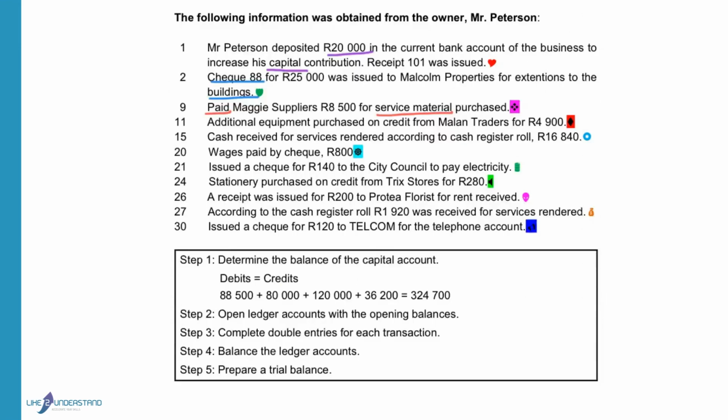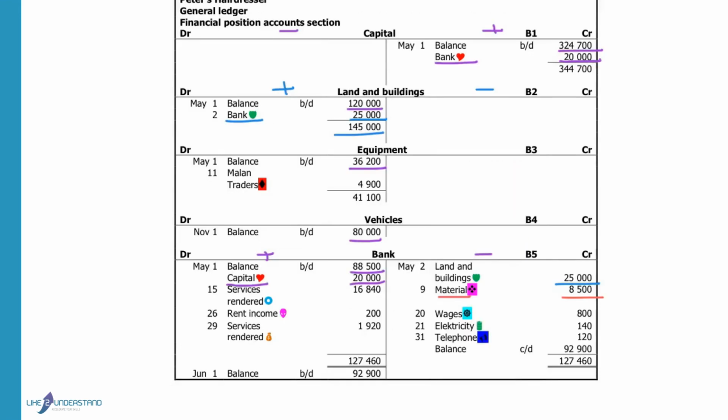Additional equipment was purchased on credit for 4,900. We received equipment, so the one ledger account will be equipment. We bought on credit, and we buy from Milan Traders, that is our creditor, because we owe them money, so that will be our double entry. Equipment will be debited with 4,900 because we bought additional equipment.